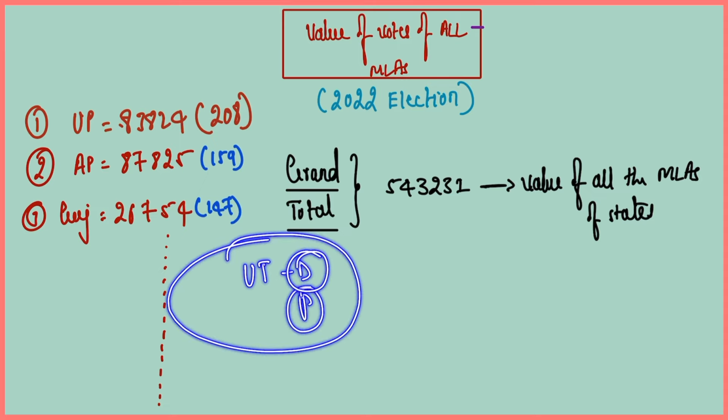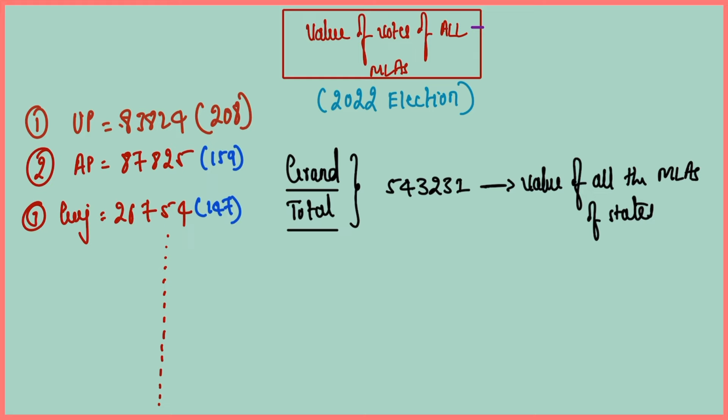So this is done. And after doing that, we have to add all the values of all the MLAs of all the states, right? And when we do that, this is the grand total. When we calculate the values of all the MLAs of all the states, it comes to be 5,43,231.